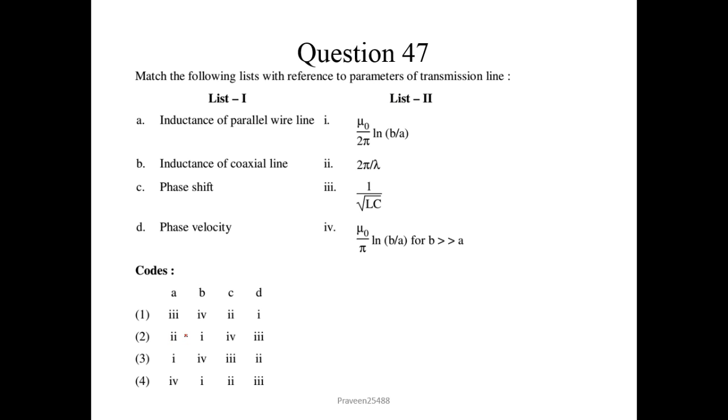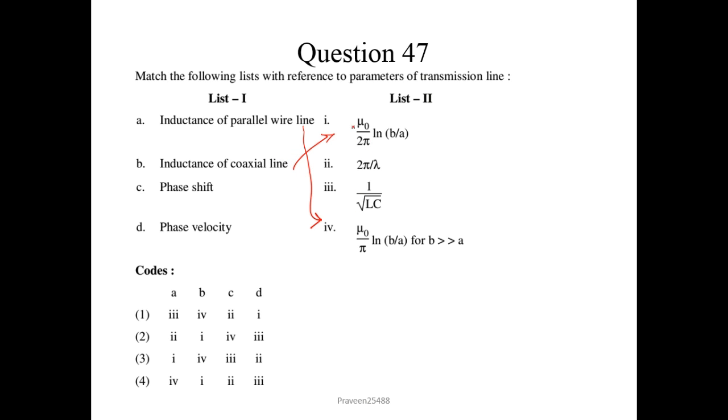Now question number 47. Match the following list which refer to parameters of transmission line. Inductance of parallel wire line is given here in fourth one. Inductance of coaxial line is given here in first one.